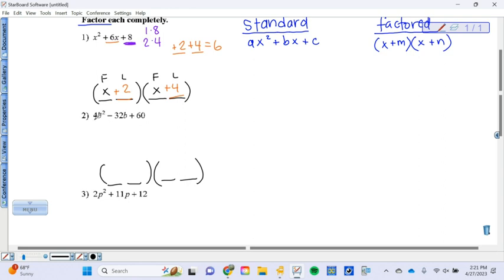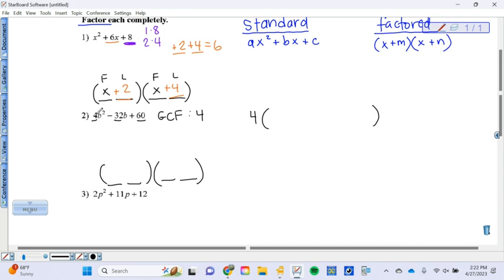Do you notice anything about 4, 32, and 60? You can divide them by 2, but you can divide them by even a bigger number. 4. The greatest common factor here is 4. That means I can factor 4 out, and I'm going to do this first.